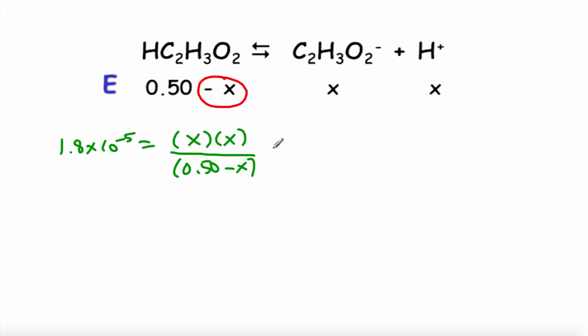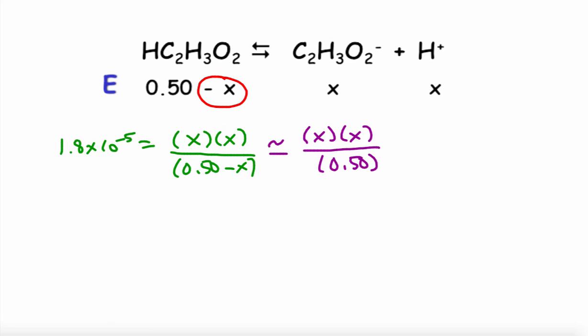And the assumption here, I'll write it in purple. The assumption that we can make is this expression is essentially the same as if we ignored this contribution of x actually dissociating. So what that means is x is going to be so small that it won't really change the value of the 0.50 molar solution substantially, where it will actually impact our calculated result.